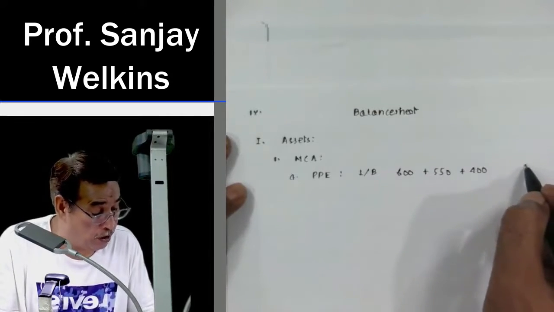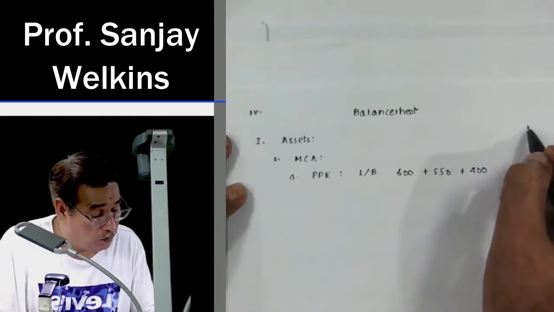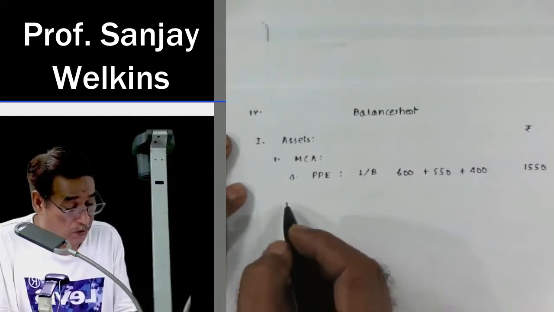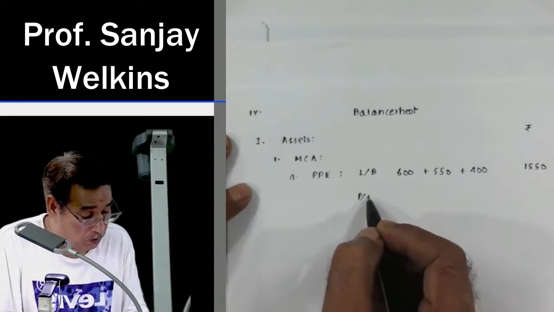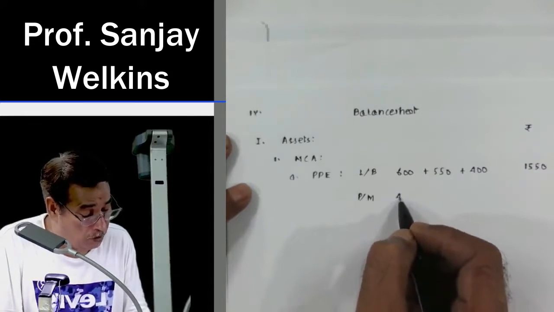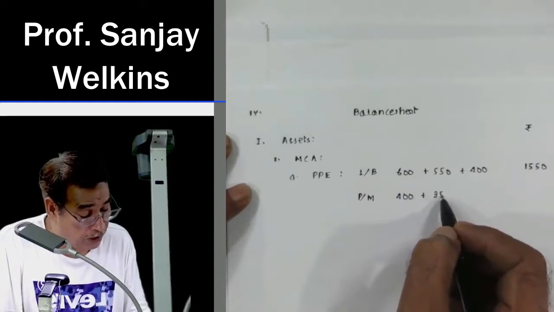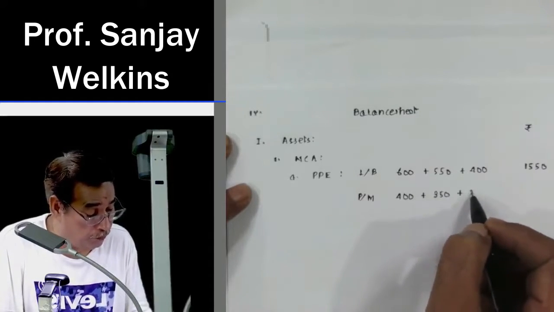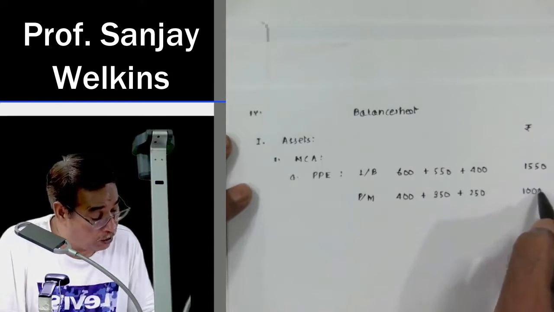Now you will total them up to get 1550. Similarly, plant and machinery of Z Limited, the acquirer, 400, 350 of X Limited, 250 of Y Limited. Total will be 1000.